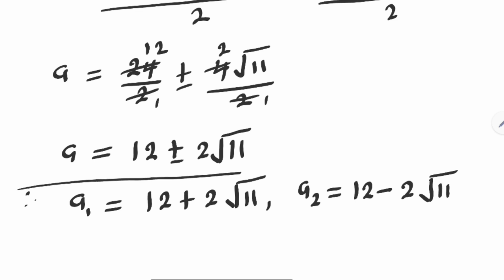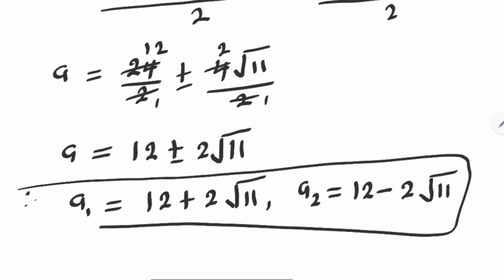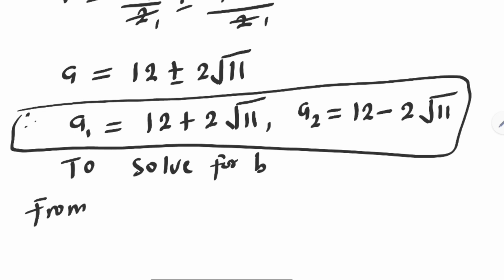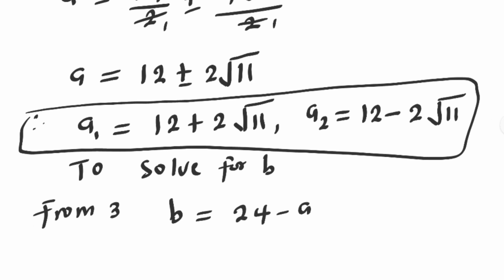These are the values of A. We've gotten the values of A1 and A2. Let us solve for B1 and B2. To solve for B, from equation 3, B is equal to 24 minus A.